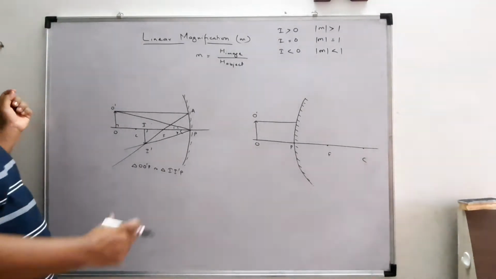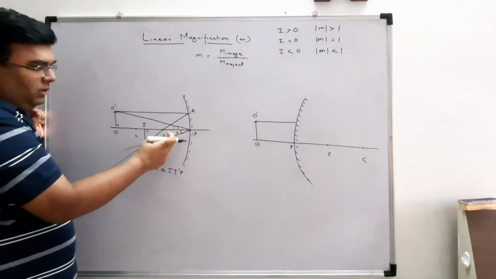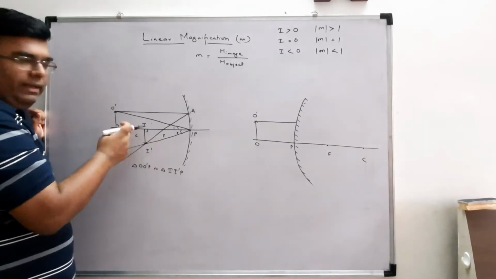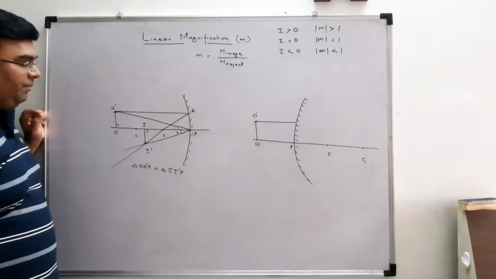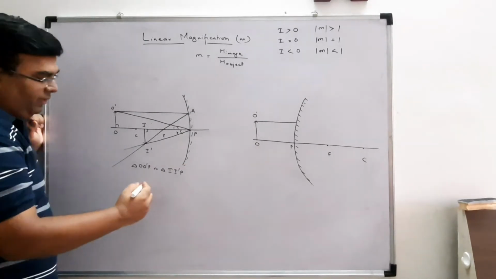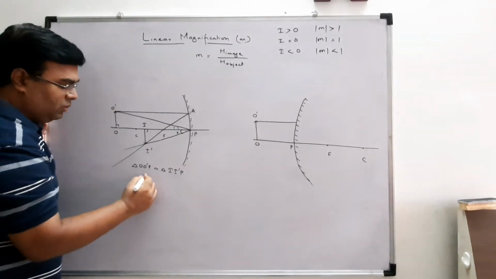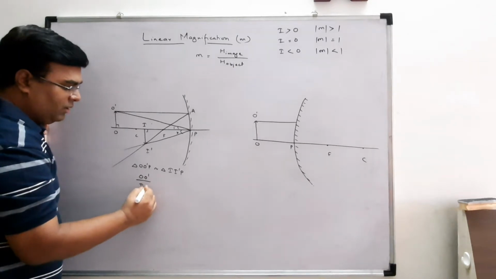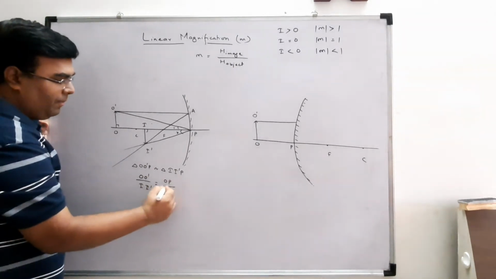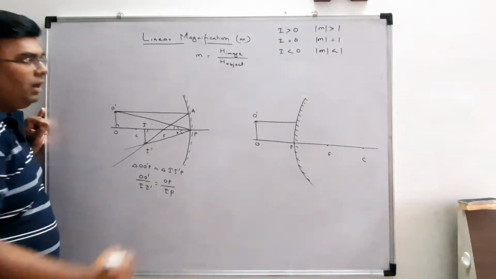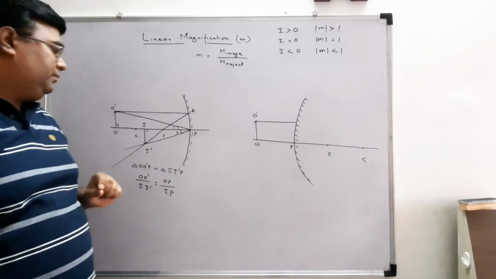These two are similar. Why? Because I is equal to R, two angles are equal here and 90 degrees. So we have two triangles similar. So if two triangles are similar, we can write the ratio of sides, which is O dash O upon I dash I is equal to OP upon IP, correct?